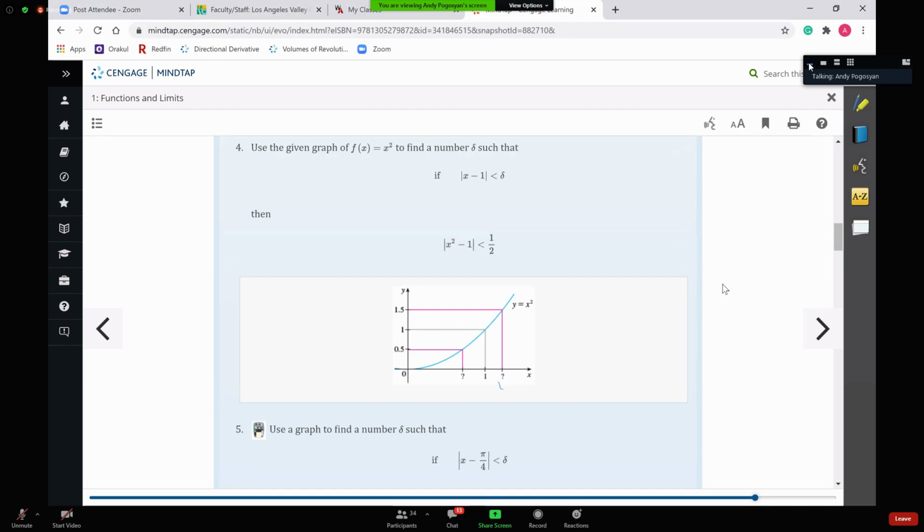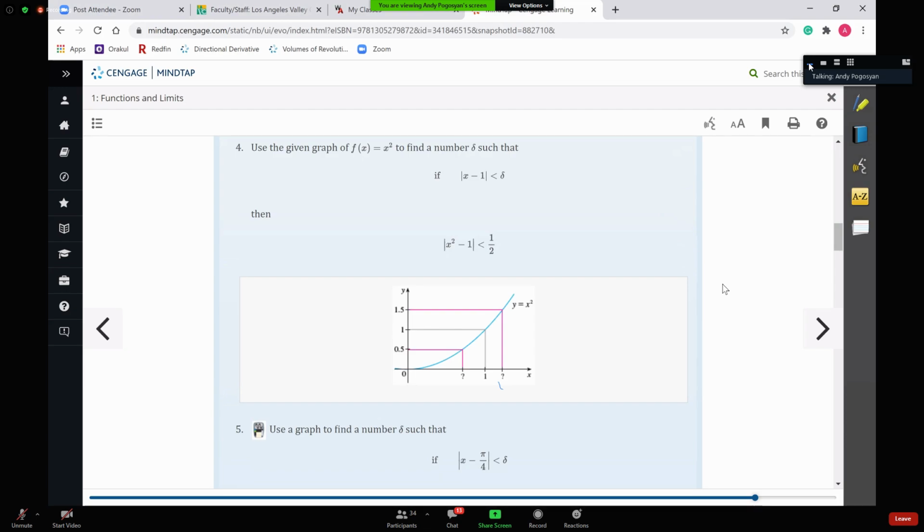In general, we're going to find the relation between epsilon and delta. For any epsilon, there is going to be a delta that, if the limit exists, makes this definition true.